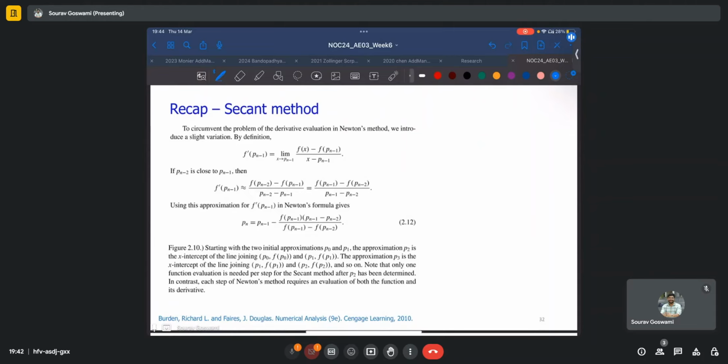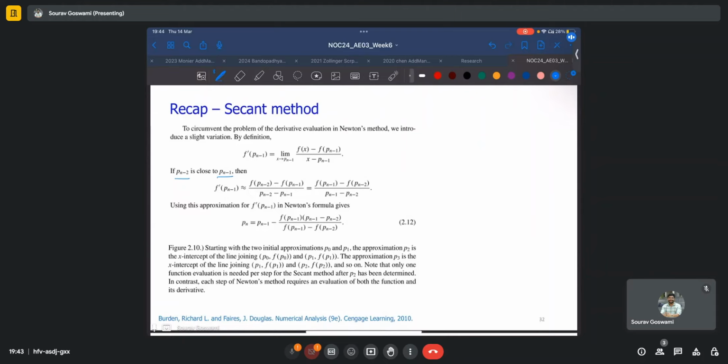Now, by definition, the derivative at any point Pn minus 1 is the limit as x tends to Pn minus 1 of f(x) minus f of Pn minus 1 by x minus Pn minus 1. And say after a reasonably large number of steps, the values Pn minus 2 and Pn minus 1 will be close together. And this can further be simplified as f prime at Pn minus 1 is f of Pn minus 2 minus f of Pn minus 1 by Pn minus 2 minus Pn minus 1.